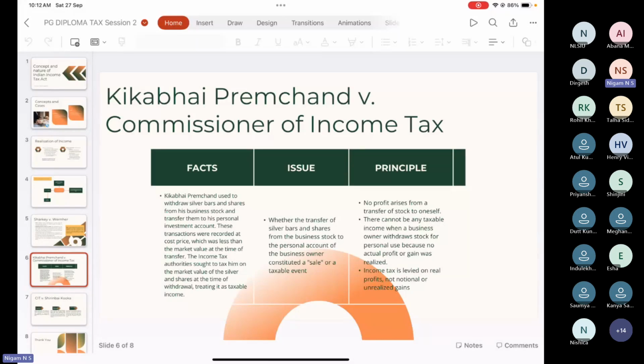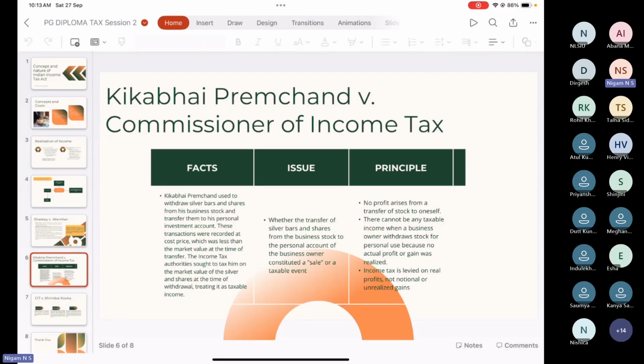Of course, we have simplified the facts here. What he used to do is take them out and put them in a trust, of which he was the settlor, and therefore it was for his own personal benefit. These transactions were recorded at cost price, which was less than the market value at the time of the transfer.